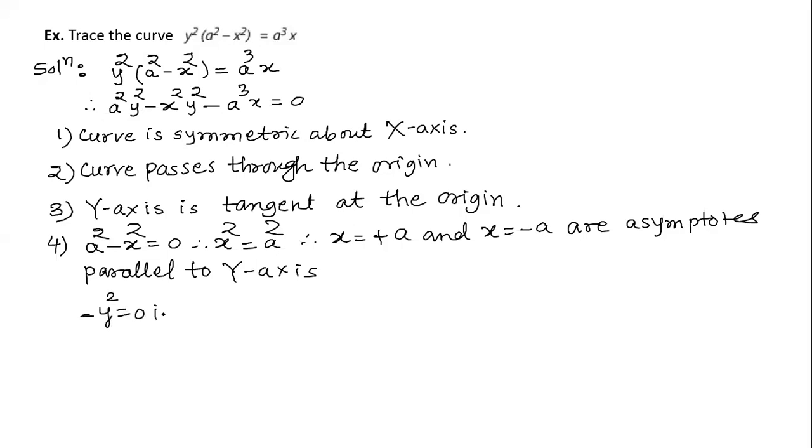Minus y square equal to 0, that is y equal to 0, that is the x-axis. The x-axis is an asymptote. Yes, the x-axis is also an asymptote.